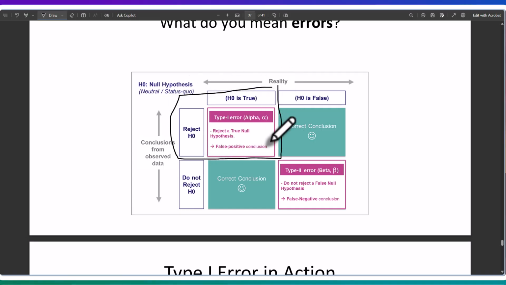But type 1 error is when we've decided that we have sufficient evidence to reject the null hypothesis, but the null is actually true. That is type 1 error. We often call this a false positive, because the positive means you found a positive result. In other words, you found something that's worth publishing, and that was actually just by chance.